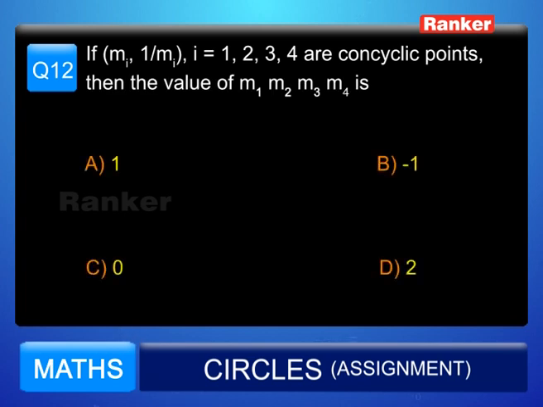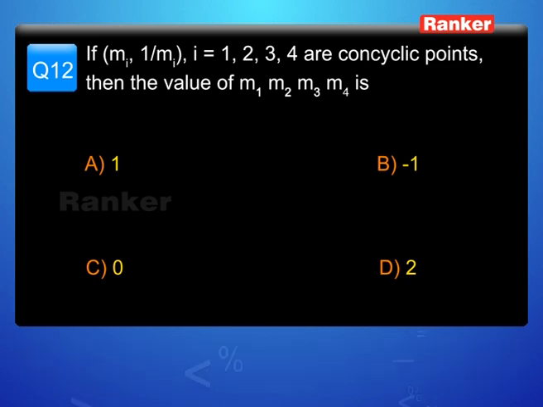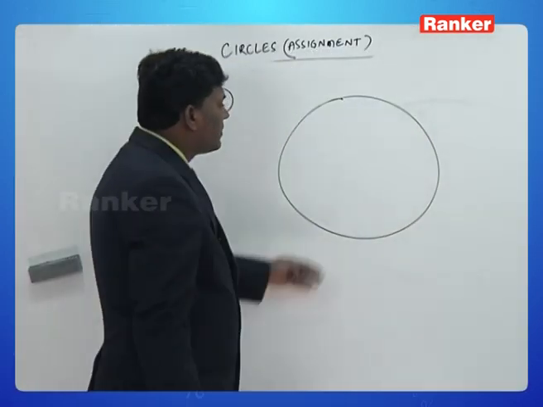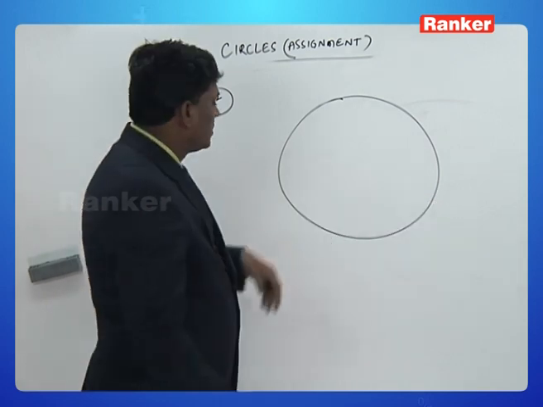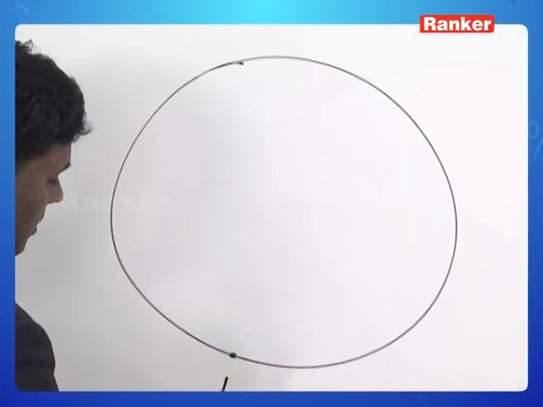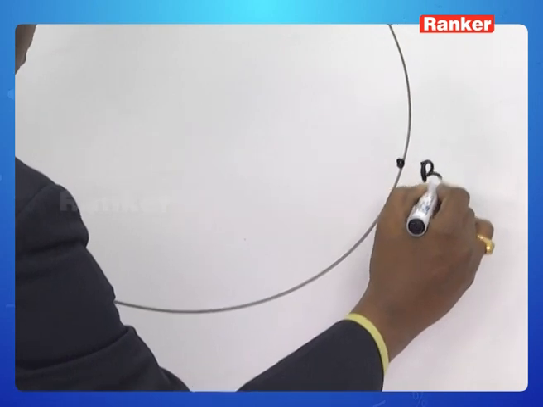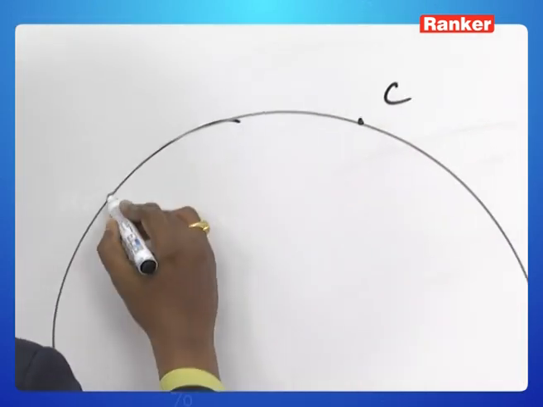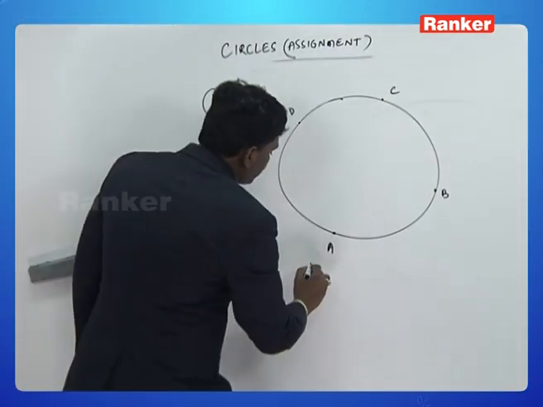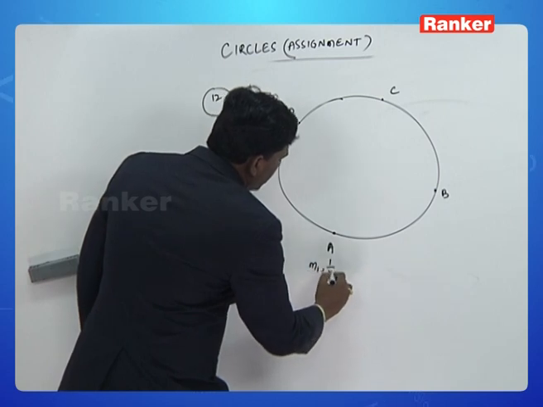In this problem, (mi, 1/mi), where i takes values 1, 2, 3, 4, that is (m1, 1/m1), (m2, 1/m2), (m3, 1/m3) and (m4, 1/m4), are given as concyclic points. So if we imagine a circle here, the given 4 points A, B, C, D are randomly chosen somewhere.